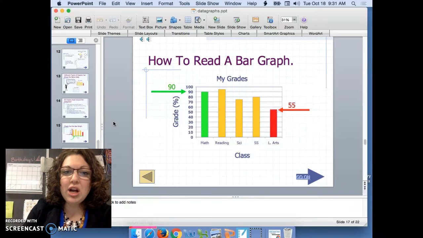Okay, when you read a bar graph, you are going to just go from the top of the bar over to the y-axis, and you would see in math, you have 90%. So you have to put the x and the y information together. In language arts, you have a 55%.